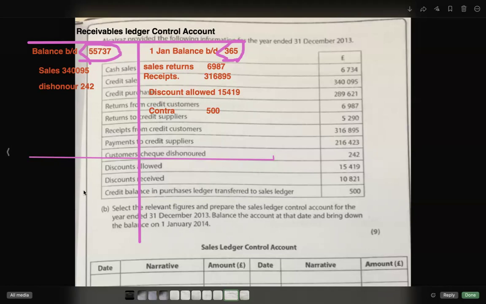How much total on the debit side, Ruslan? 396074. If you subtract all this amount from this amount, what is the remaining amount? 55908.